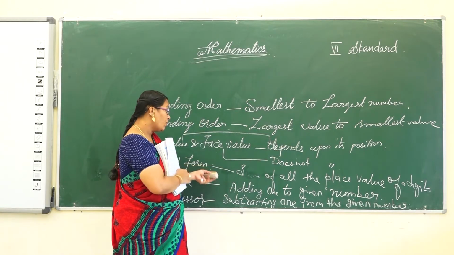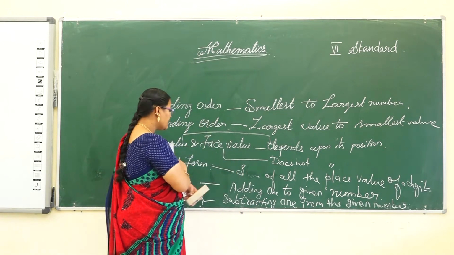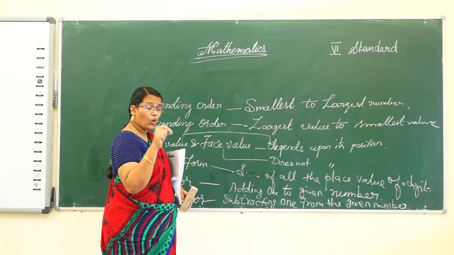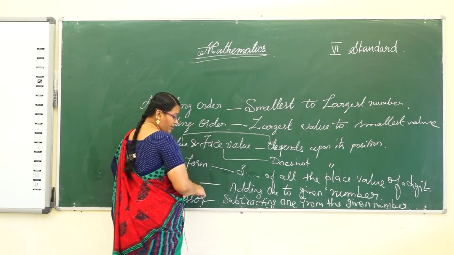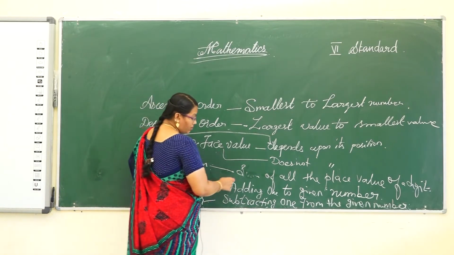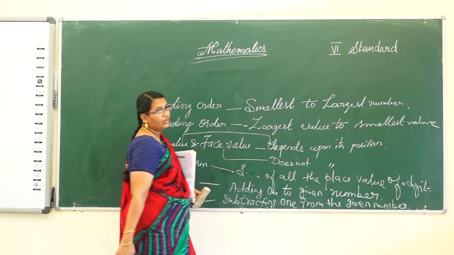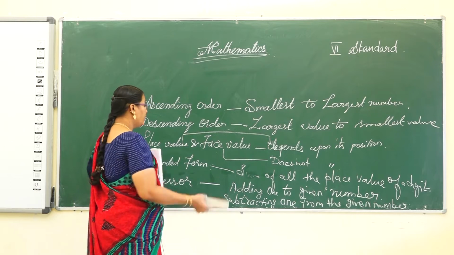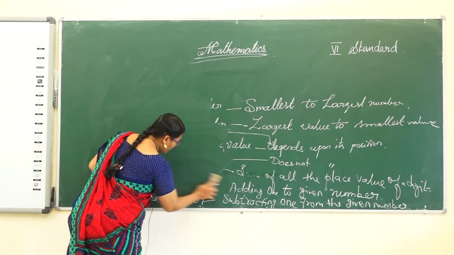And then expanded form, sum of all the place values of a digit. And then successor, it is obtained by adding 1 to the given number. And predecessor, it is obtained by subtracting 1 from the given number. I hope you understood the previous class.